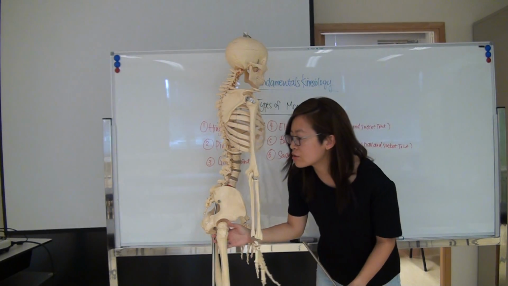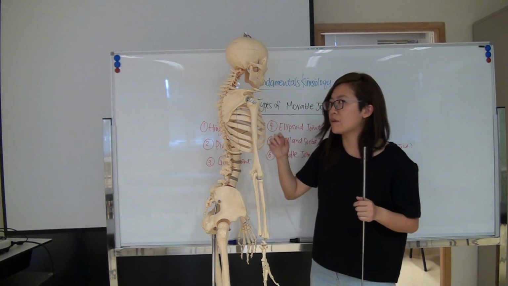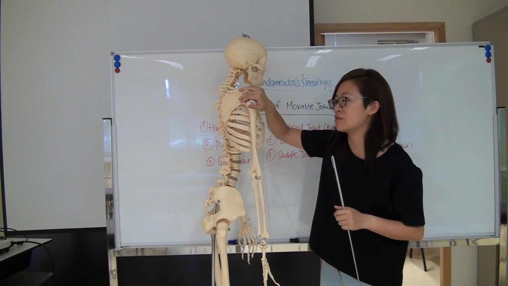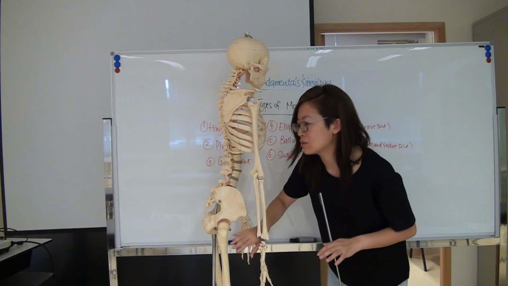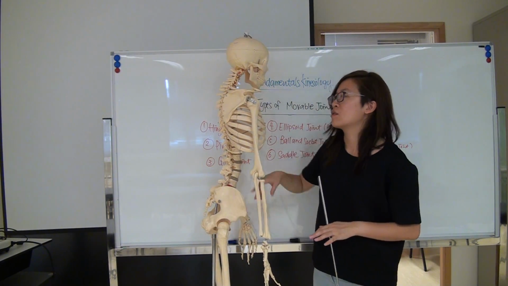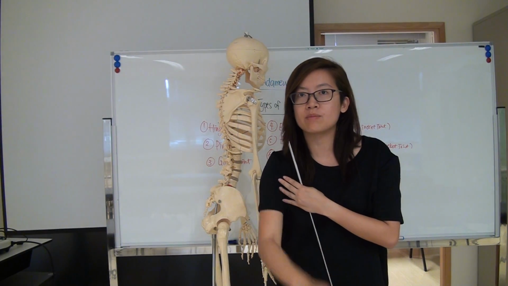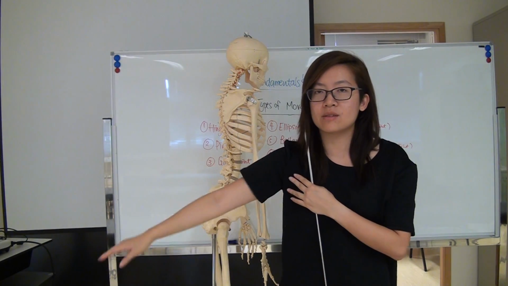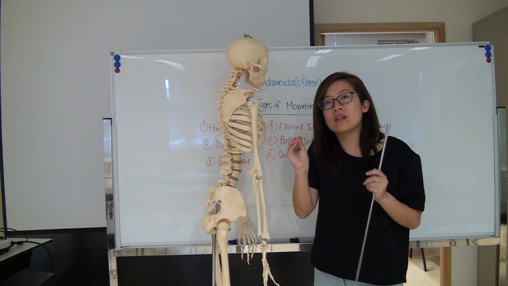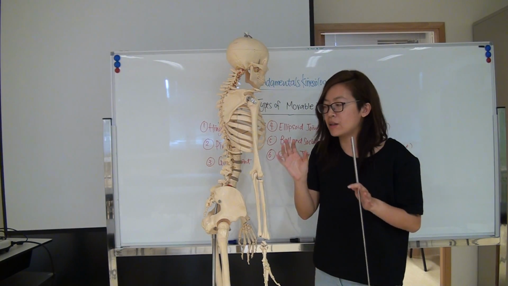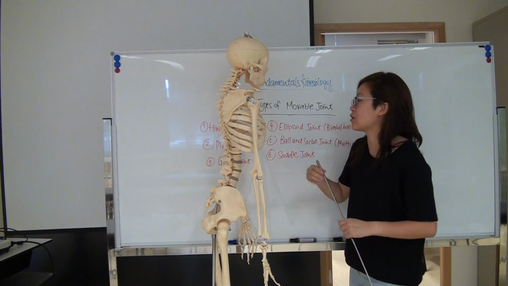So it creates more stability, and you can think about the movement that the shoulder allows is larger than what the hip joint allows. So the shoulder can move in all the planes, but in a wider range. The hip is more limited, but it creates stability. But both of them are ball and socket joints.